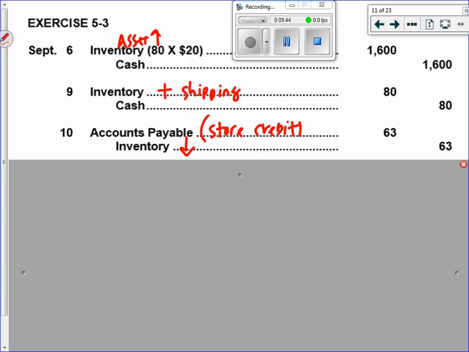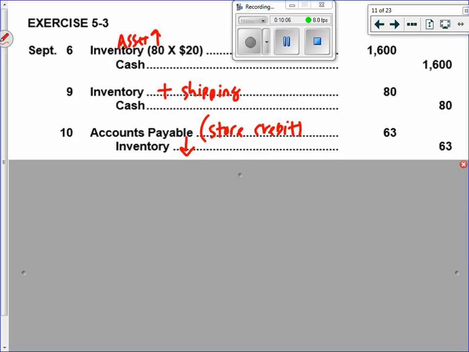Well, wait a minute. Why $63? How many did we return? Okay, I thought we bought them for $20 a piece. So shouldn't it be $60? Keep reading.